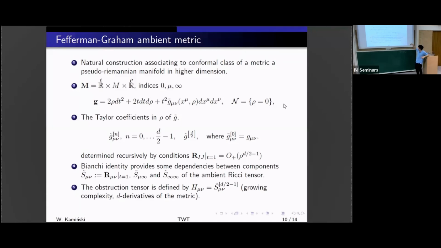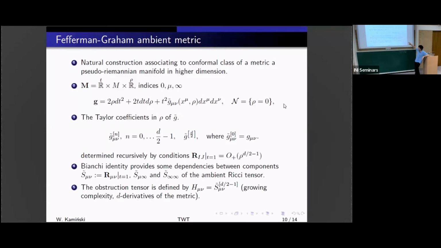And the assumption about this metric is that there is a homothetic Killing vector. So this Killing vector's action is just rescaling with respect to rescaling of t. And additionally, we are assuming that the Ricci tensor of this ambient metric vanishes to a high order.